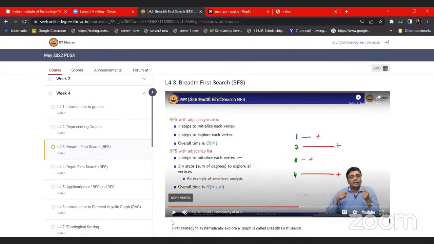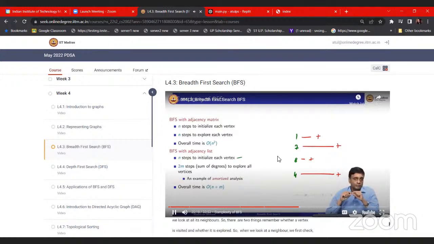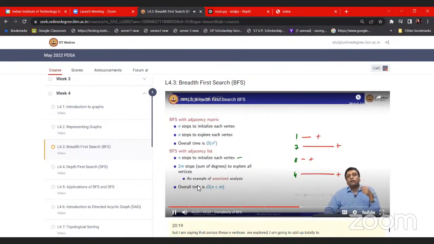Yes, this one. An example of amortized analysis. BFS with adjacency list, this part is not clear. Okay.